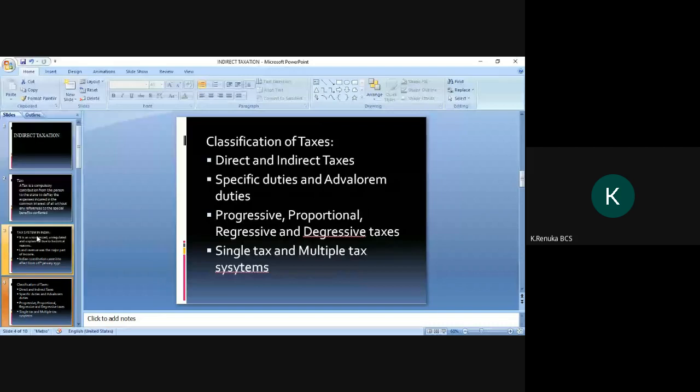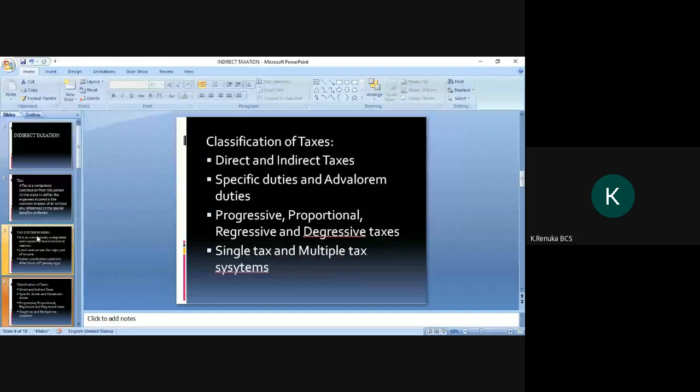The individual who has the income has to pay the tax himself, whereas an indirect tax is imposed on one person but paid partly or wholly by another person.